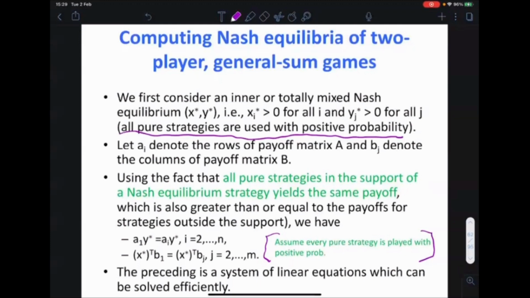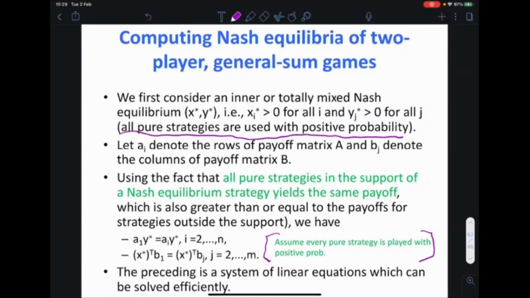I will choose my probability in such a way that I make no difference for the other players to change their policy. Therefore, they also use the mixed strategy rather than a pure strategy.